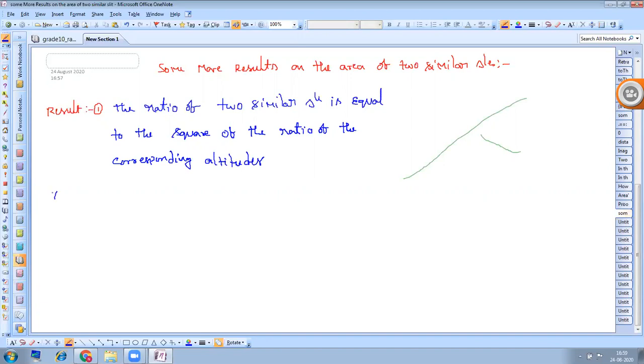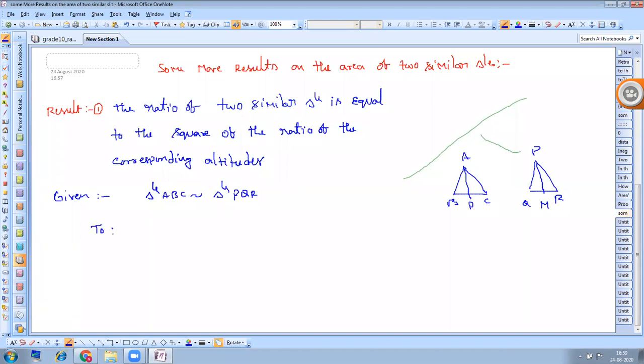So what is the given data here? I am having two triangles ABC and PQR, and it says both the triangles are similar. So triangle ABC is similar to triangle PQR. Suppose AD is the height of triangle ABC and PM is the height of triangle PQR.